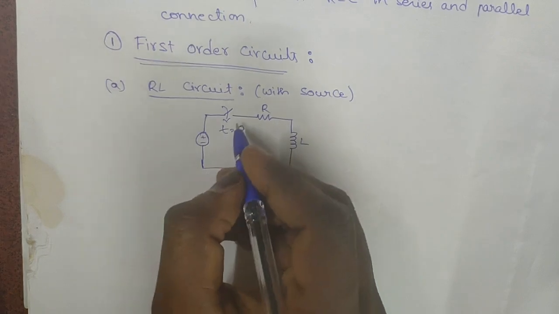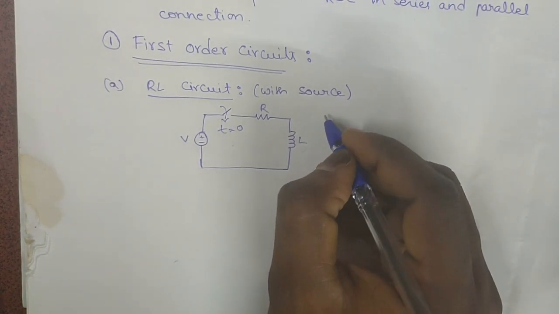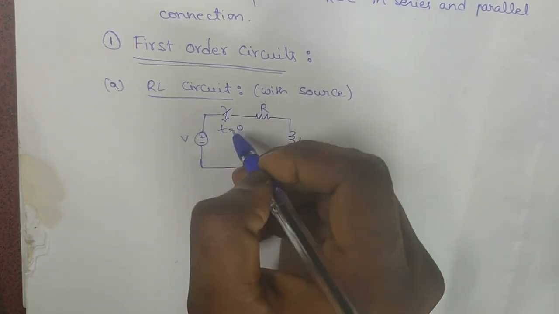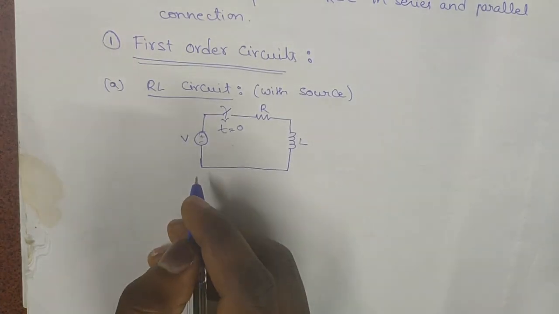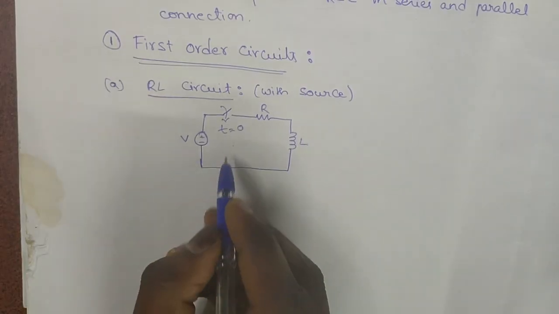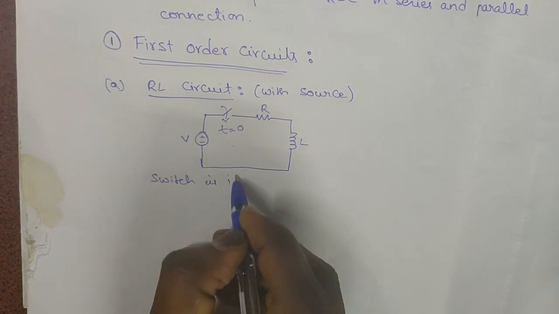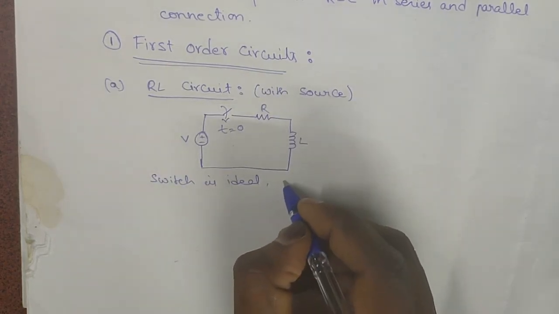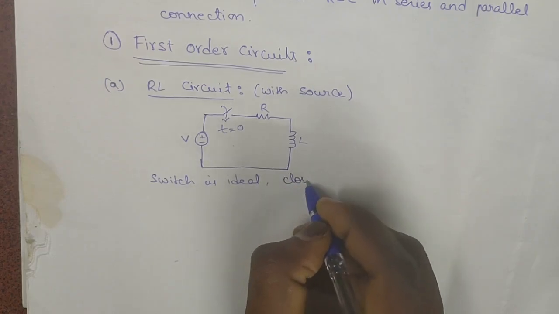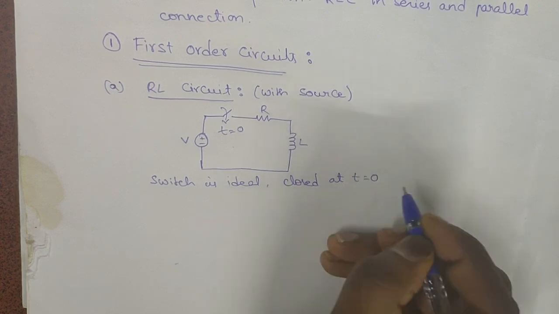This switch will be closed at t equal to 0. Initial current of the inductor is 0. The switch is connected only at t greater than 0, so the switch is ideal. The circuit is closed at t equal to 0.